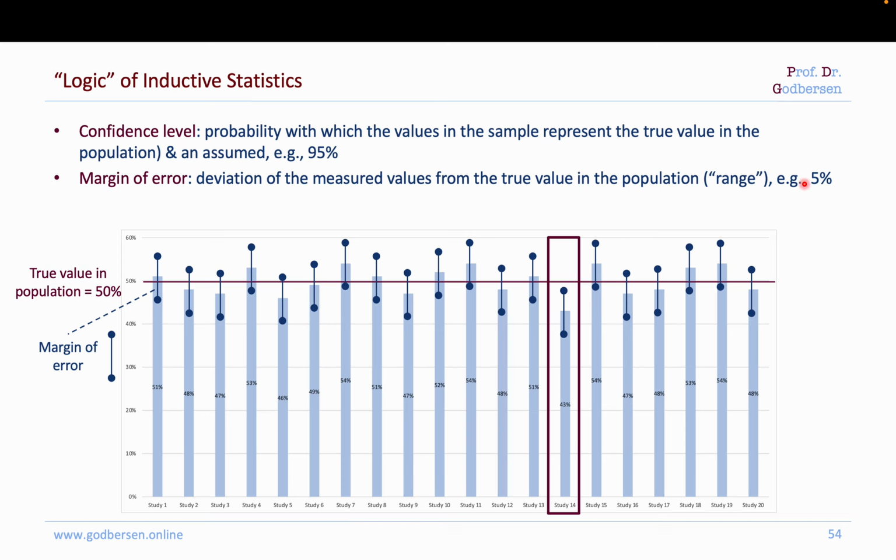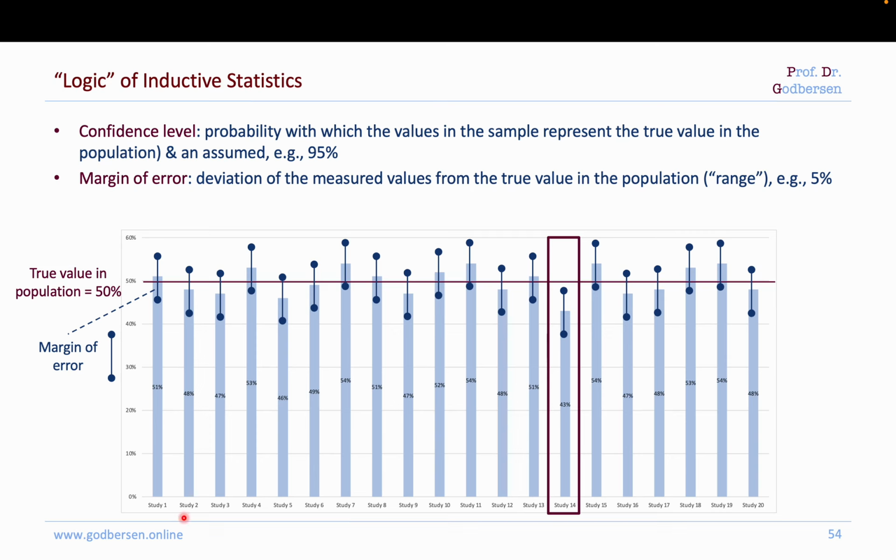For example, 5%. I would normally say go rather in a real research project with 3%. But here I've taken 5%. Using these two assumed figures, 95% and 5% margin of error, I would like to exemplify what this means.